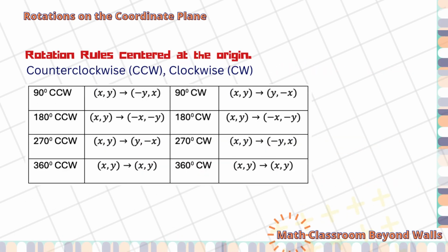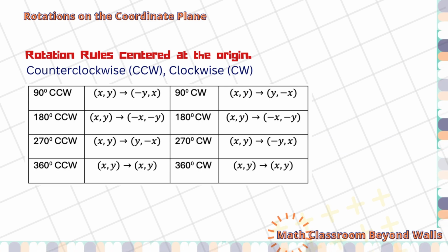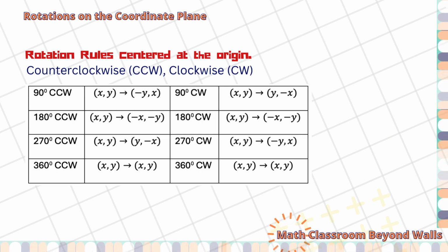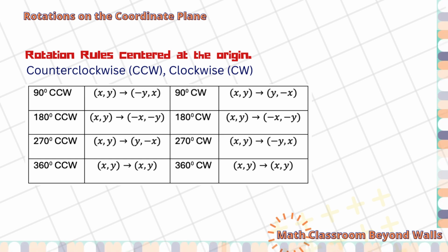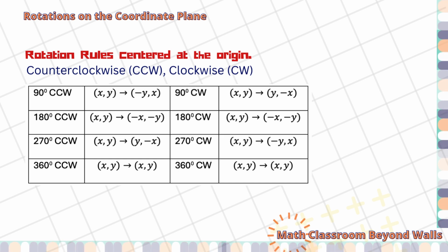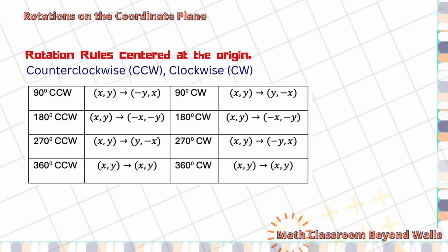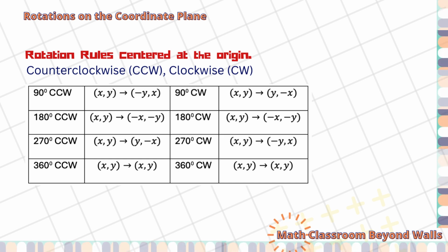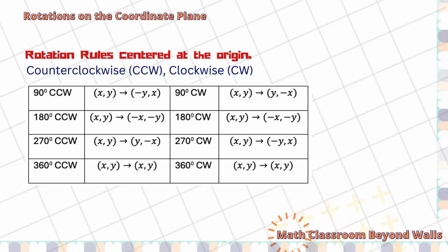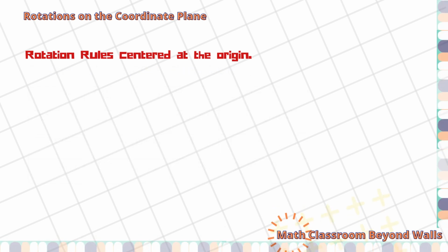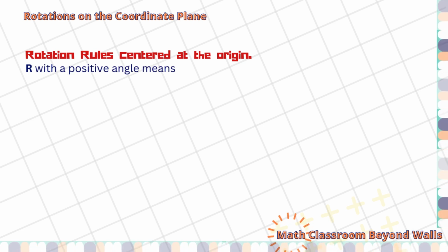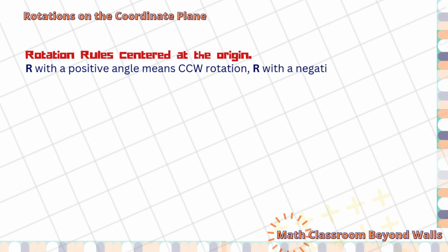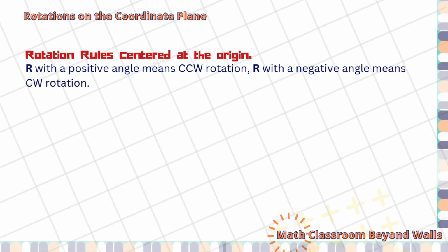Here is a list of the rotation rules that we got for the different types of rotations centered at the origin. CCW here stands for counterclockwise rotation, while CW is for clockwise rotation. In some texts, R is used to denote rotation instead of CCW or CW.